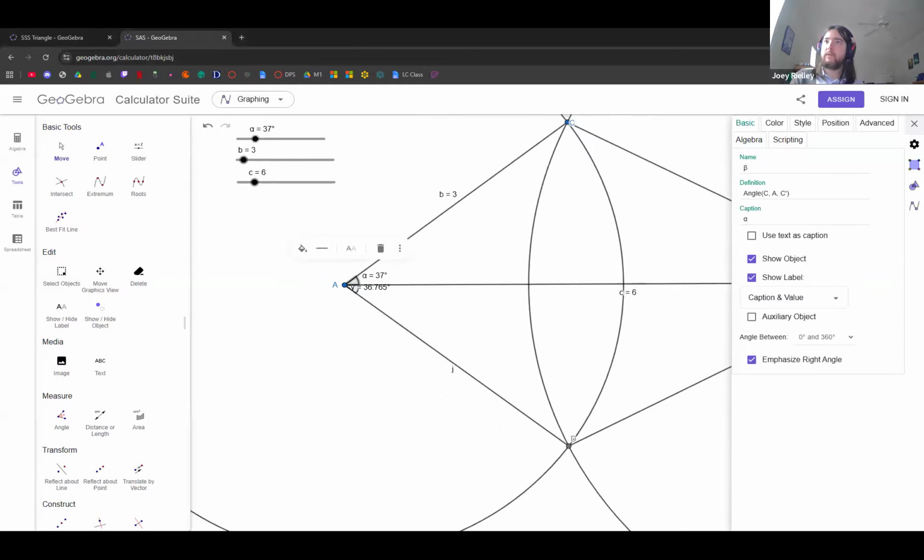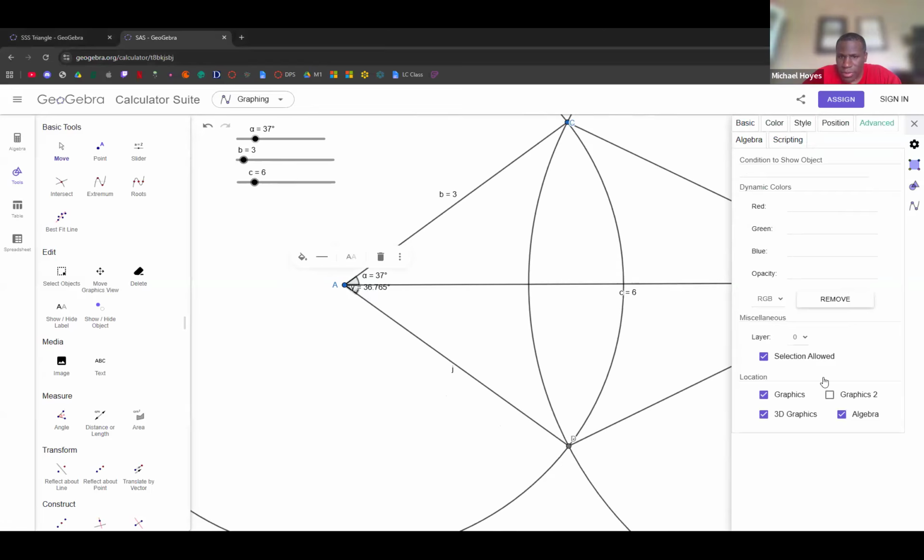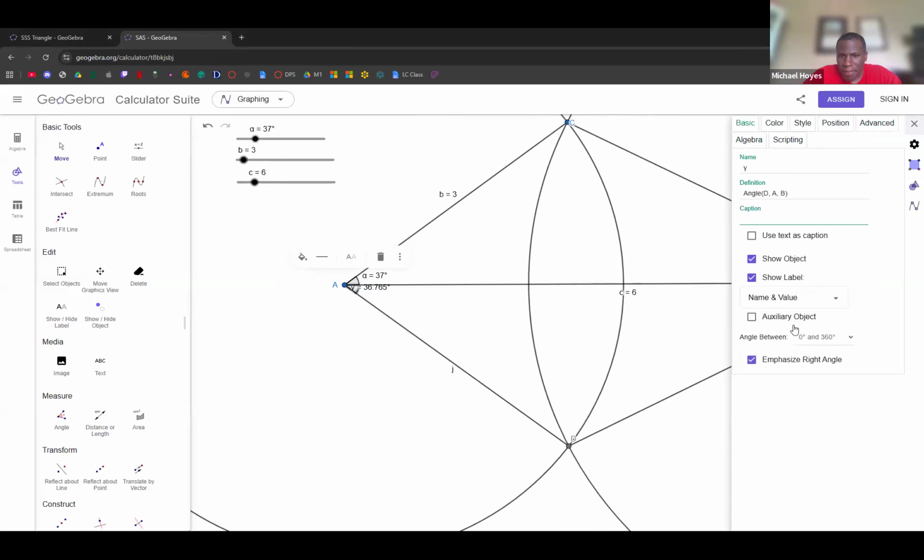Is angle alpha rounded somehow? Yeah, your rounding is off. Let's say go to advanced, you might be able to change that. Well, no, not advanced. Go back to basic. Let me look. Angles, settings.